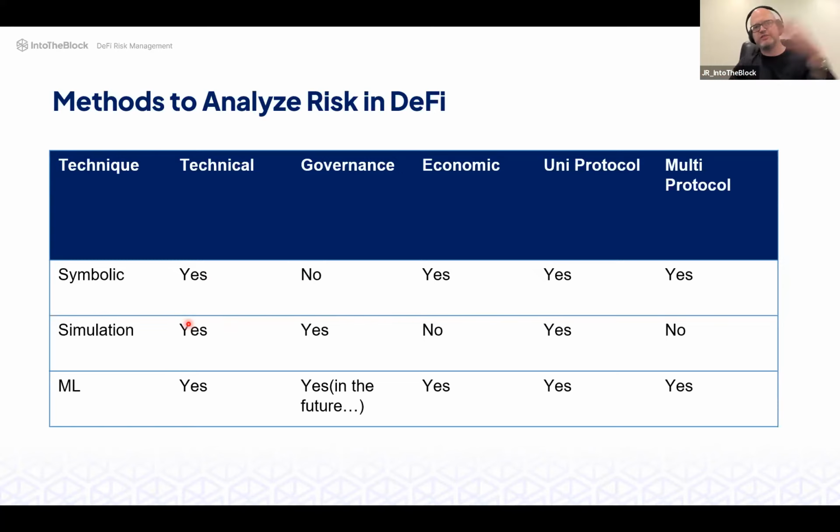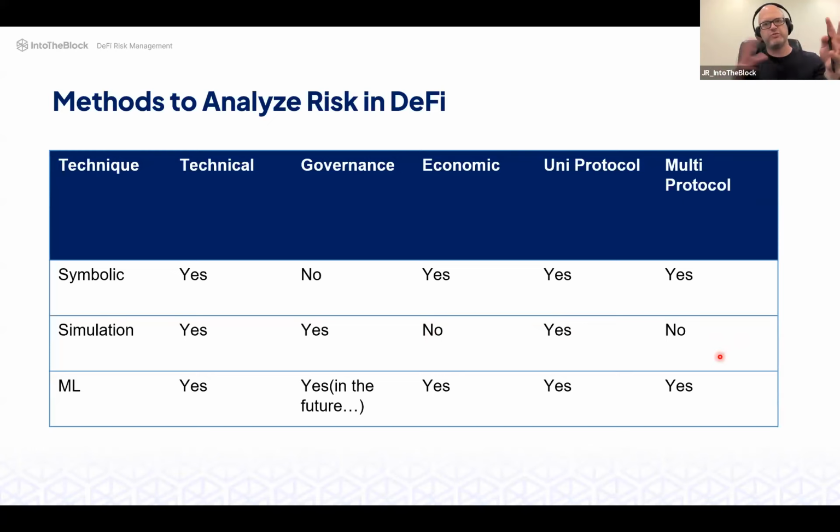You can take a smart contract and simulate a bunch of scenarios and try to output identified risk conditions. It also applies to governance. You can say, well, if I change this composition of the protocol, what's going to happen? It doesn't apply to economic risk. For single protocols, you can run a lot of simulations. For multi-protocol, I think it's computationally unviable.